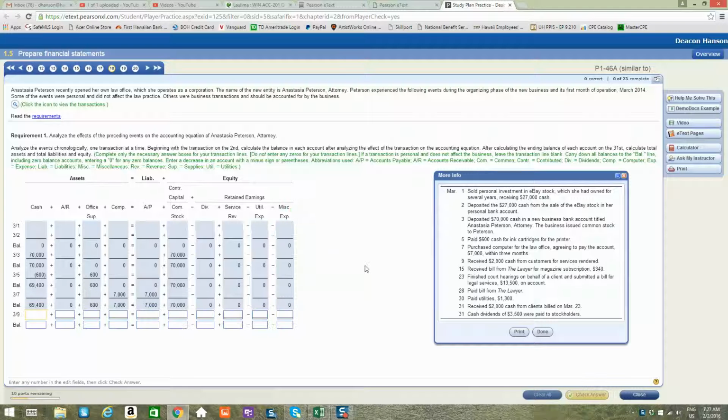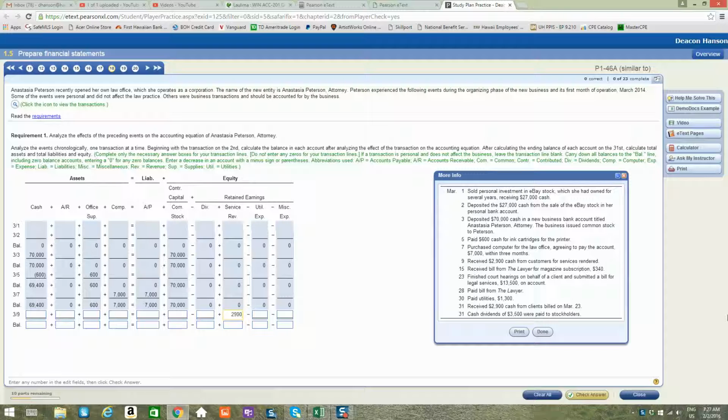On the 9th, company received 2,900 cash from customers for services rendered. Well, when a company provides services or goods, then they've earned the revenue. So that's service revenue, and service revenue has increased by 2,900.